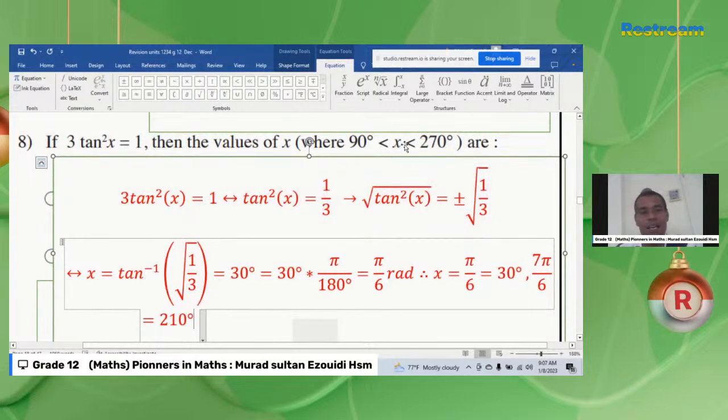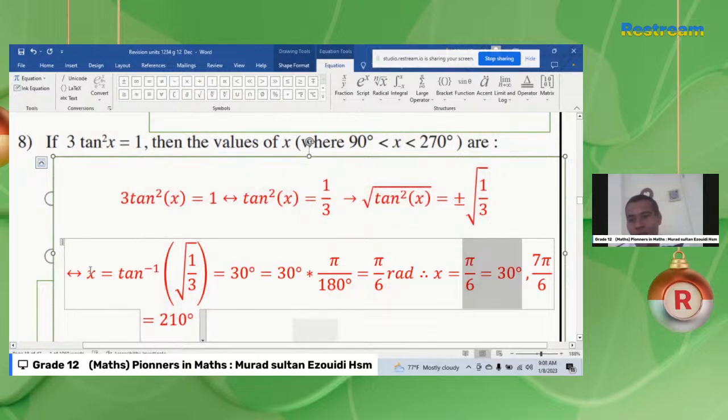So you are going to cancel this one; pi over 6 should be cancelled, simply because the interval tells you that x is between 90 and 270, and we found that the inverse tangent of the root of one third is 30 degrees. But 30 degrees is not in your interval of 90 to 270 degrees. Therefore, you cancel this one. This is the first step.